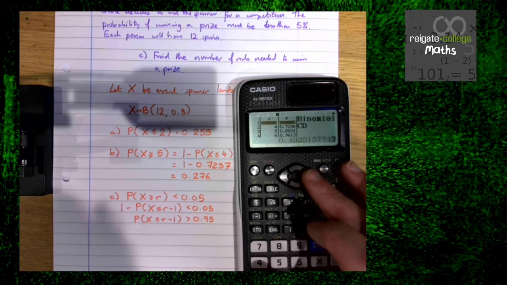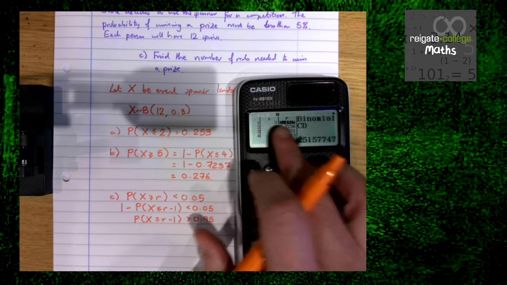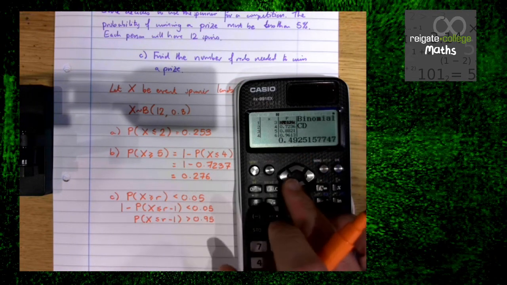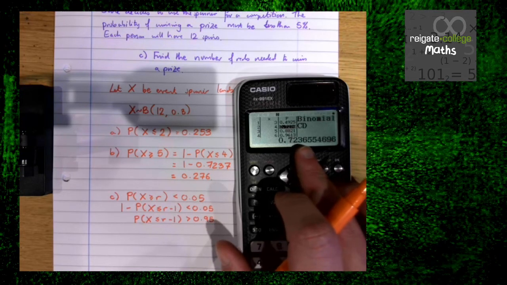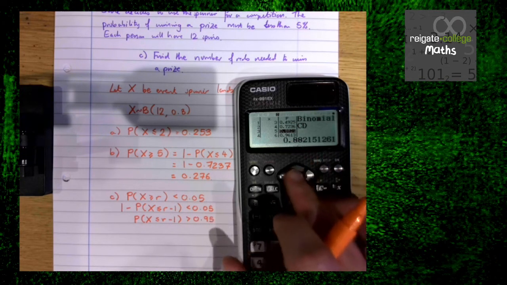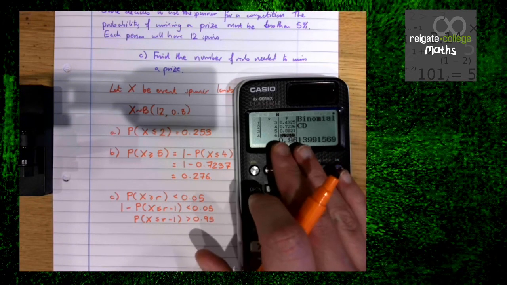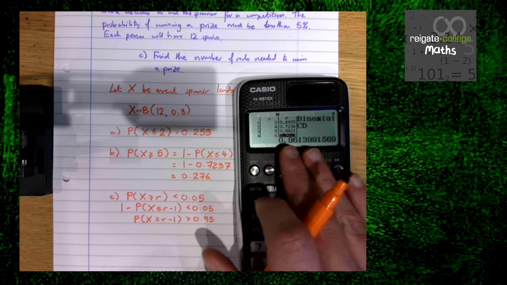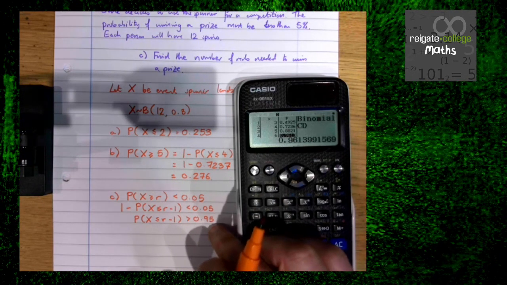So now we can see in our table, the probability of x being less than or equal to 3 is 0.493. Less than or equal to 4 is 0.724. Less than or equal to 5 is 0.882. And then we get this one: the probability that x is less than or equal to 6 being 0.961, which is bigger than the number that we wanted.